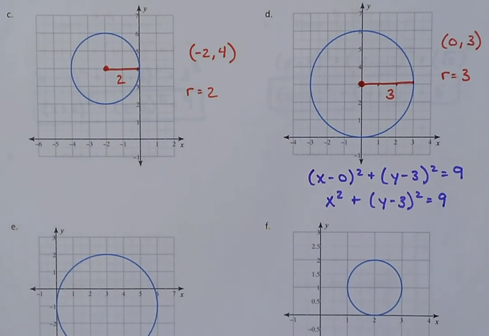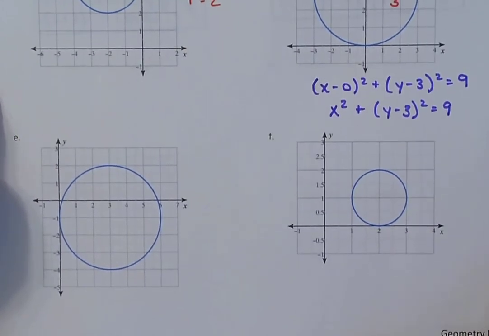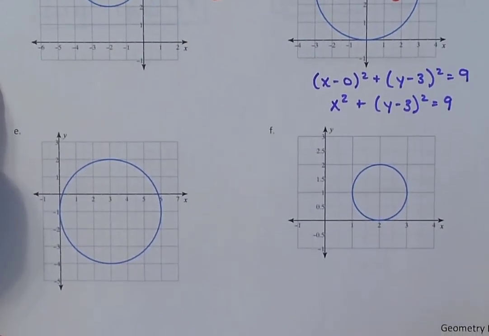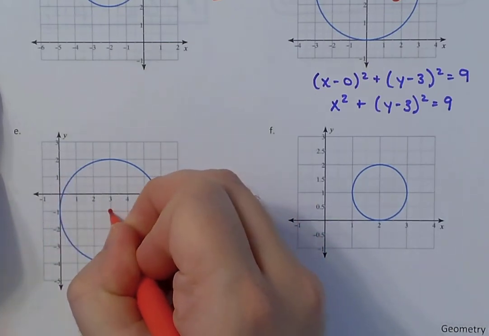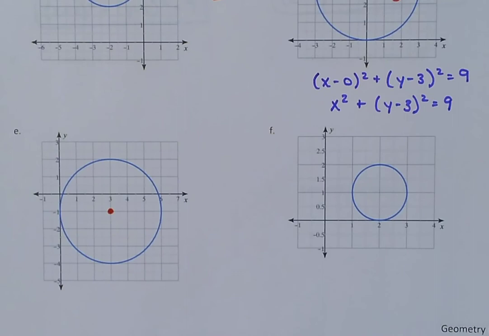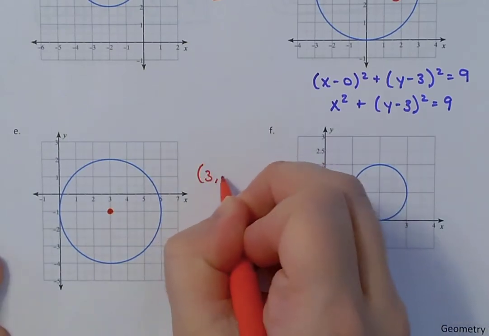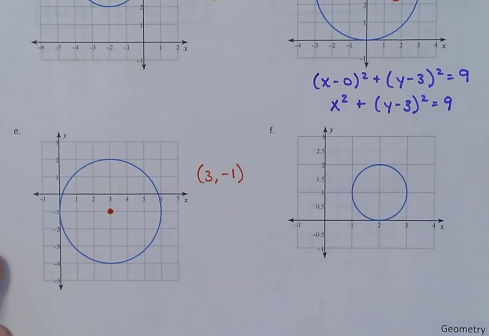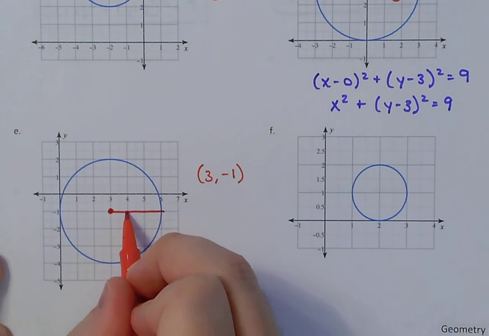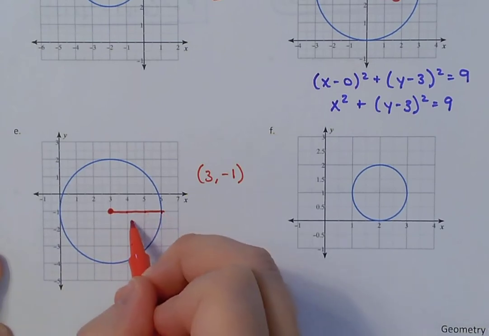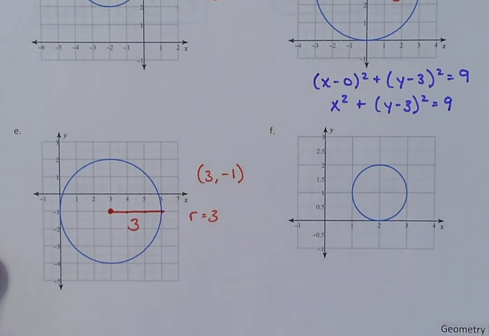All right, and then for parts E and F, for E, the center of the circle is going to be right there at (3, −1). And then the radius is going to be to the right 1, 2, 3. So that means our radius is 3.